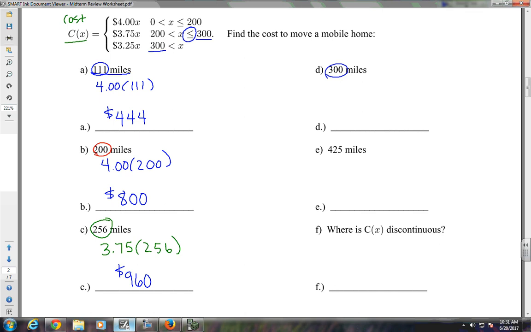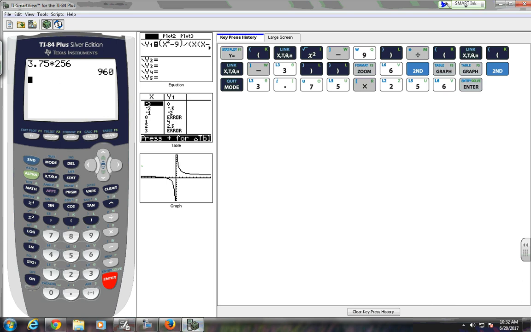On the last line, 300 is strictly less than x. So 300 fits on that second line. We're going to use 3.75x for our function rule. So 3.75 times 300. Again, I'll pop over to my calculator and evaluate this.